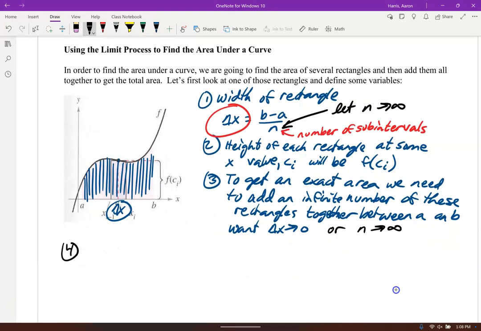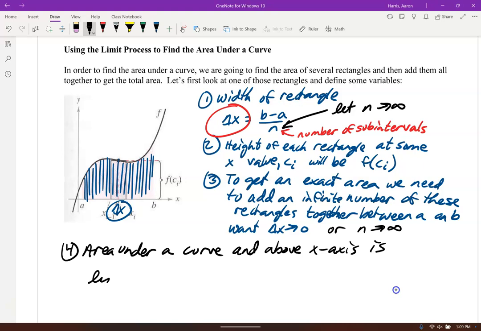So the area under a curve, with the requirement that it be above the x-axis, is the limit as n goes to infinity of the summation of the height, f of ci, times the delta x, from i being 1 up to n.